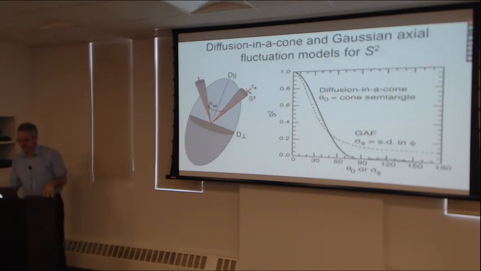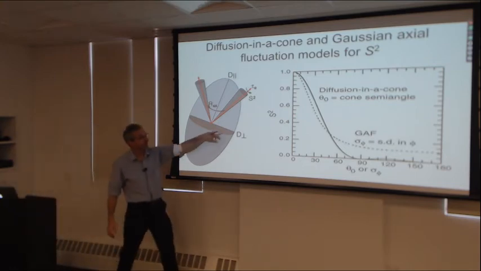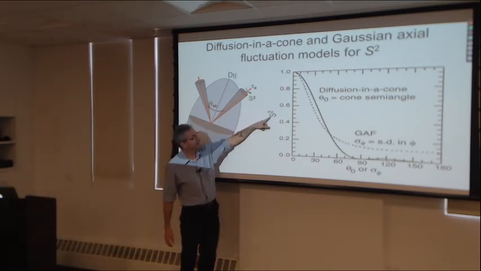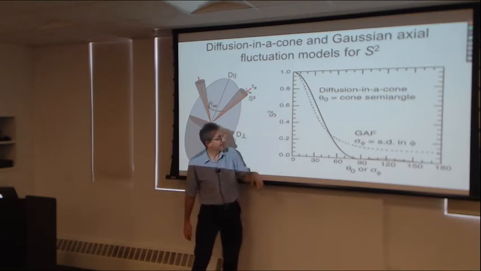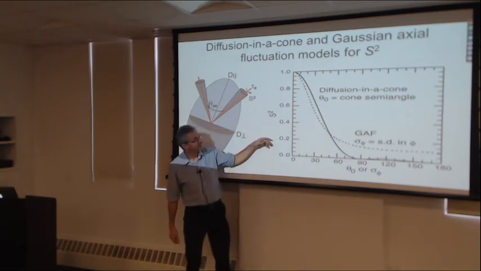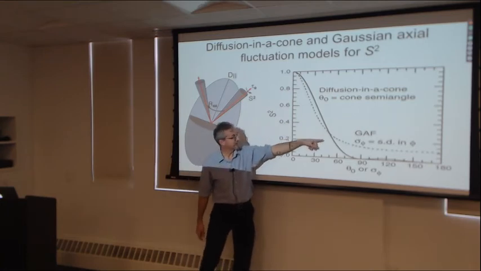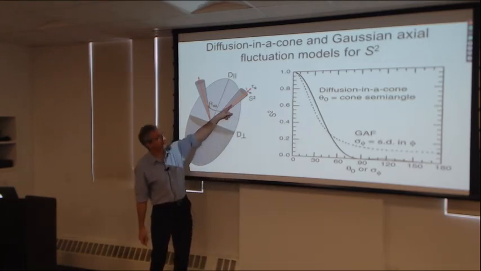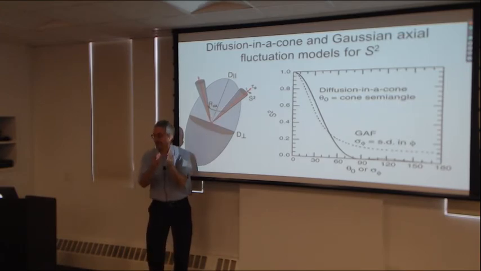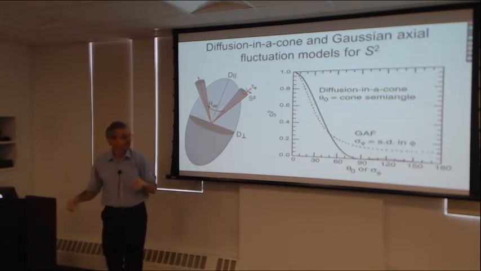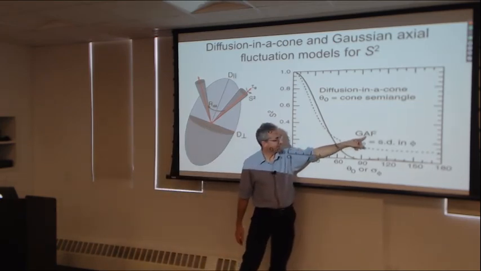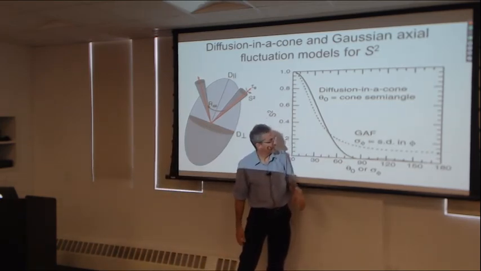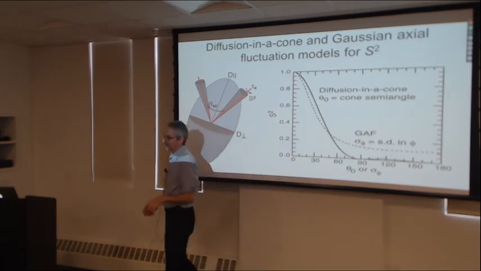Here are some pictures. S squared for a rigid site is 1, and then it tends to decay away. There's two simple models. The diffusion in a cone is really what's pictured here. The vector can freely move within a cone, but can't leave the walls. And then this Gaussian axial fluctuation model is again due to Raphael Bruschweiler.